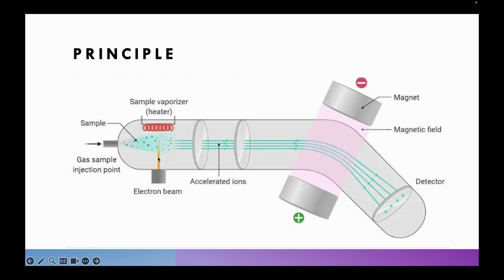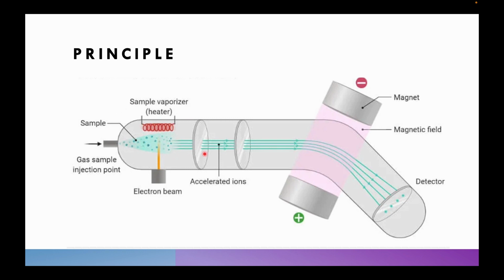So once it is in the gaseous phase and in the vacuum, then an electron beam is passed through it. The electron beam is the ionization source, which can be from electrospray ionization, or it can be chemical ionization, where some chemicals cause the ionization. What this means is that when you have the sample, you need to generate it into ions.